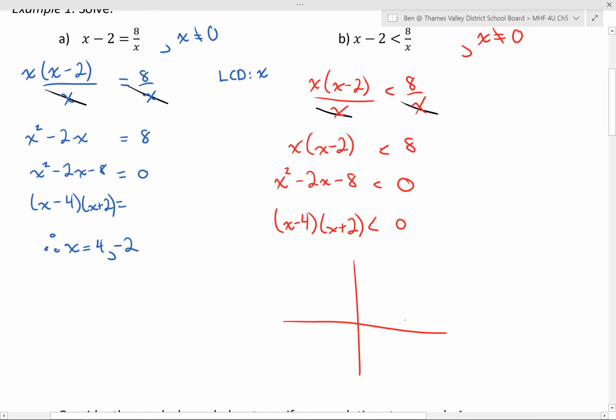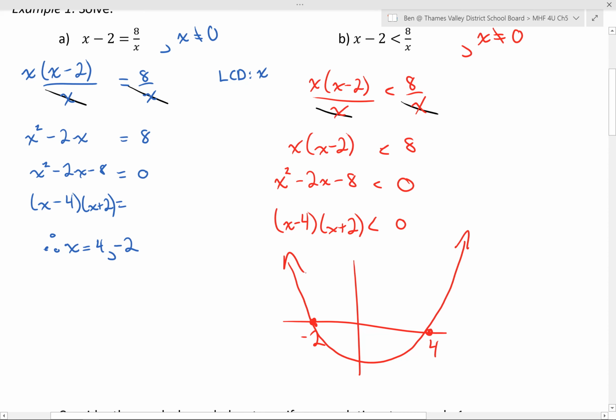If I wanted to, I could just sketch it. I have a root at x equals 4 and a root at x equals negative 2. My quadratic here opens up. You could be doing this with a number line or with a quick sketch like we are doing right here.